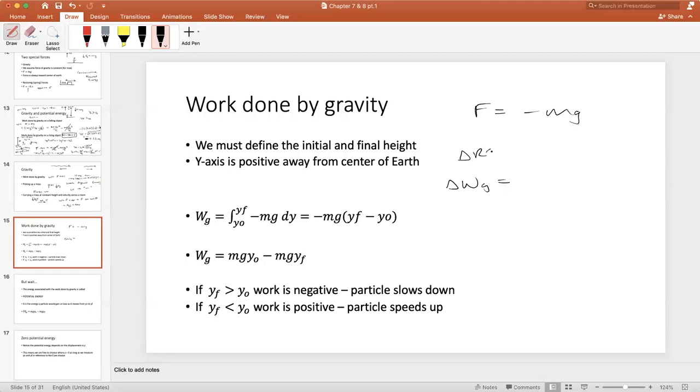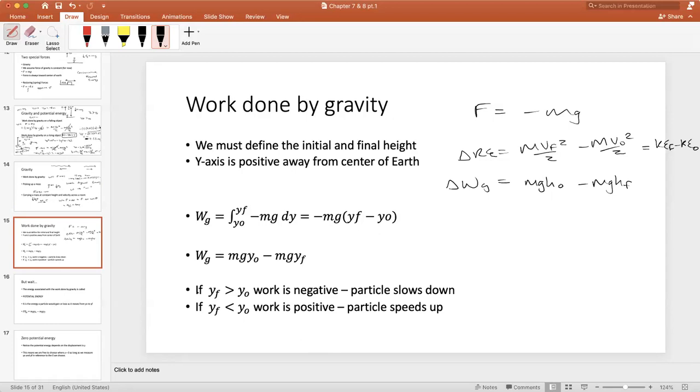The change of kinetic energy, we said, was m v final squared over 2 minus m v initial squared over 2, which is kinetic energy final minus kinetic energy initial. This is mgh initial minus mgh final, due to the fact that we say gravity is negative downward.